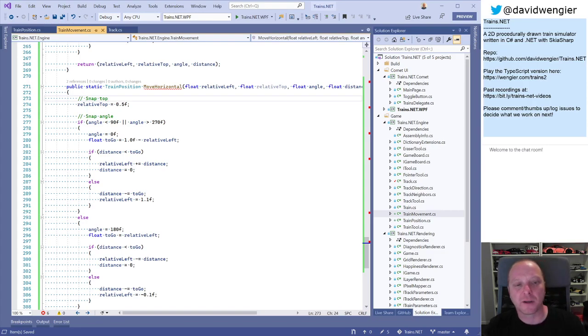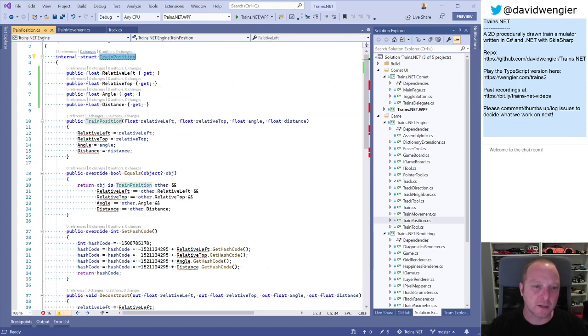I think that might be a good idea. In fact, I might make it a class though, because I don't want to copy around all the time. Let's make it a mutable class.